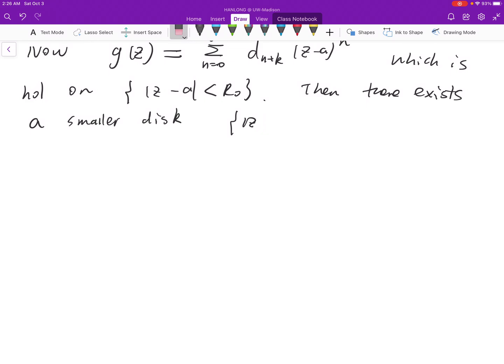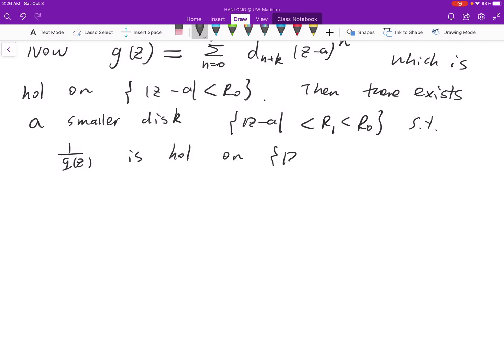|z minus a| less than r1, less than r0, such that 1 over g(z) is holomorphic on |z minus a| less than r1.